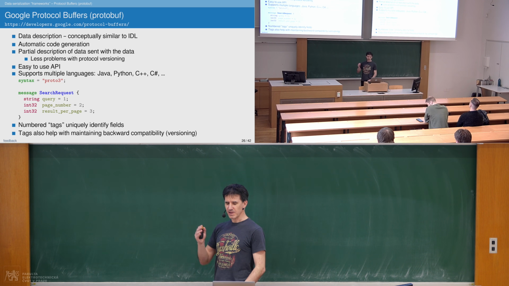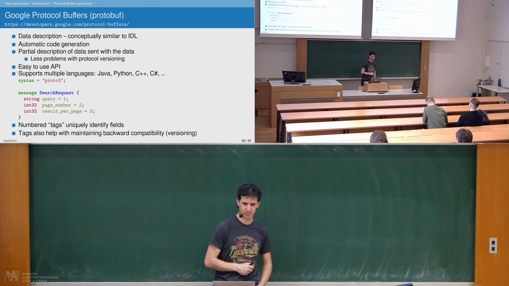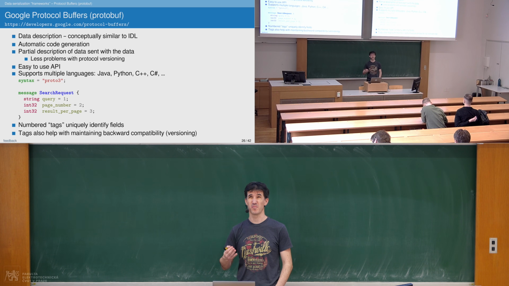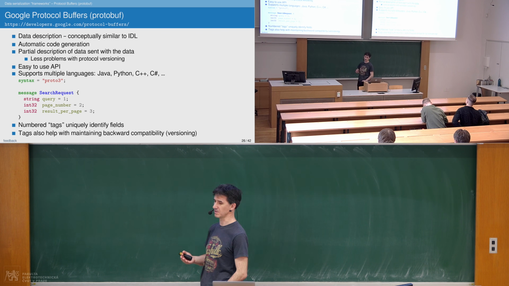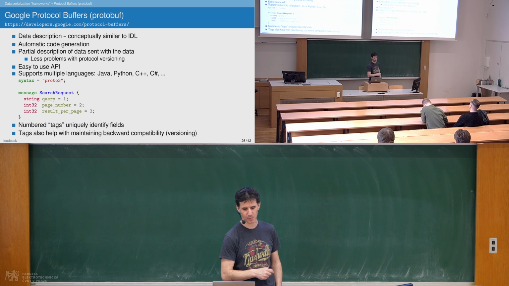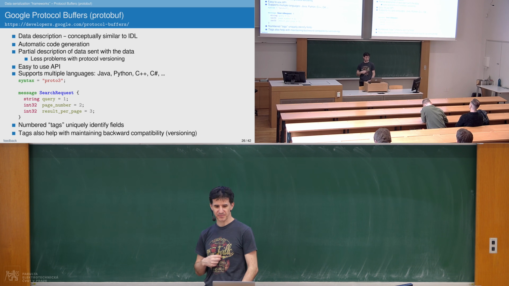Nowadays it's not the fastest, but it's still faster than JSON and has some better properties than JSON, because it allows versioning the data natively.